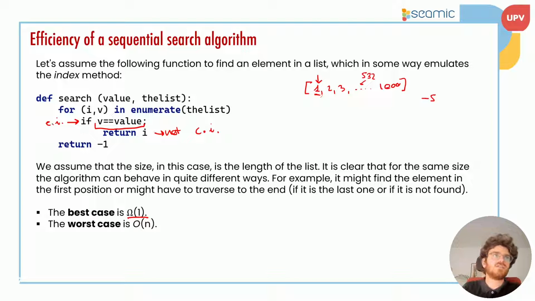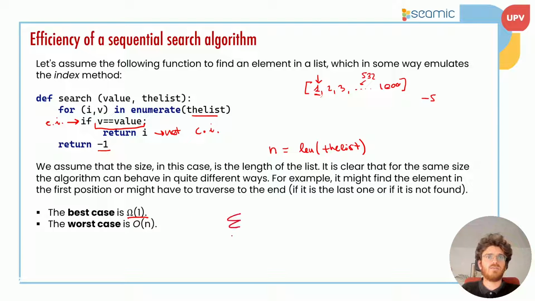In the general case, we would go through this for the number of times that this list has. So we could say that the size is equal to the length of the list. And thus we would have a similar case as with the last one, in which we would execute this every time. We would never find it, end up returning -1.